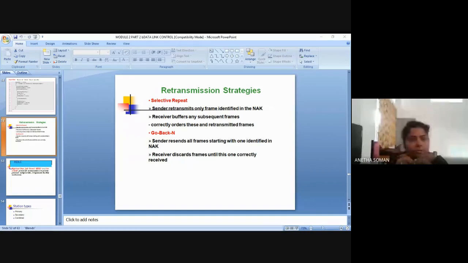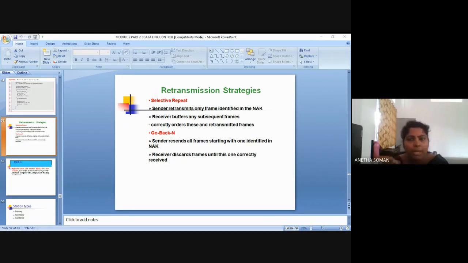I have told you two different categories of protocols in error control: one is the stop and wait ARQ and the other one is the sliding window ARQ. And you have seen yesterday that there are two different types of sliding window ARQ: one is go back N ARQ and the other one is selective repeat ARQ.